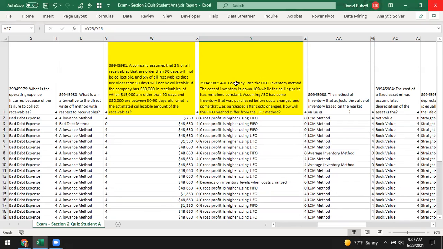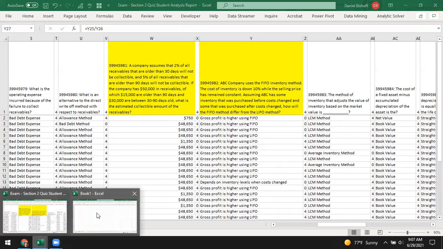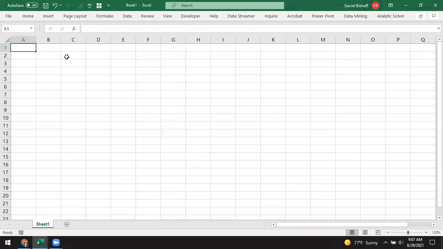ABC uses FIFO inventory method. Cost of inventory is down 10%. The selling prices remain constant. How will FIFO differ from LIFO? So maybe the easiest way to show this is to just set up a little example.